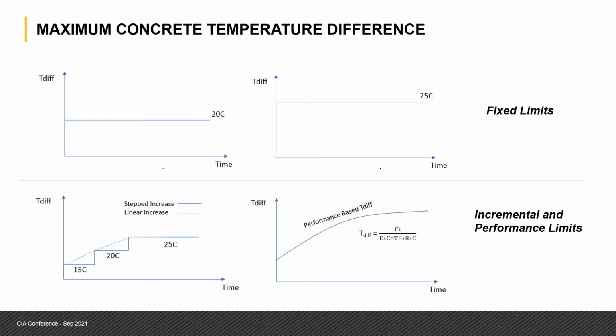Either one of them is going to be an incremental temperature difference limit. And then the more complex one, which is used with testing and analysis, is a performance-based temperature difference limit. In that case, you have to test the mix, exactly the mix you're going to use, and then provide the adequate information for qualification.